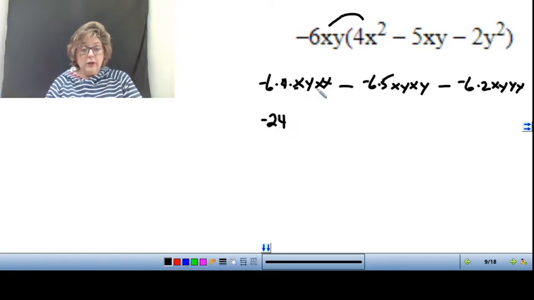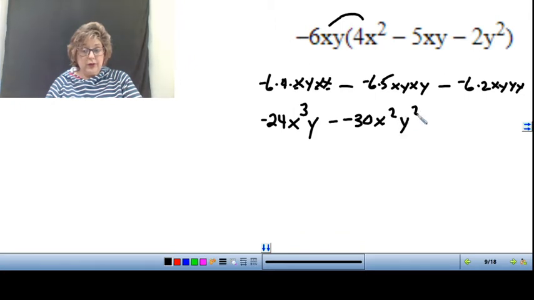I have 1, 2, 3 x's, so x to the third, and I have 1 y. This is going to be minus 6 times 5 is a negative 30. 1, 2, x squared, 1, 2, y squared, minus, and then negative 6 times 2 is a negative 12.